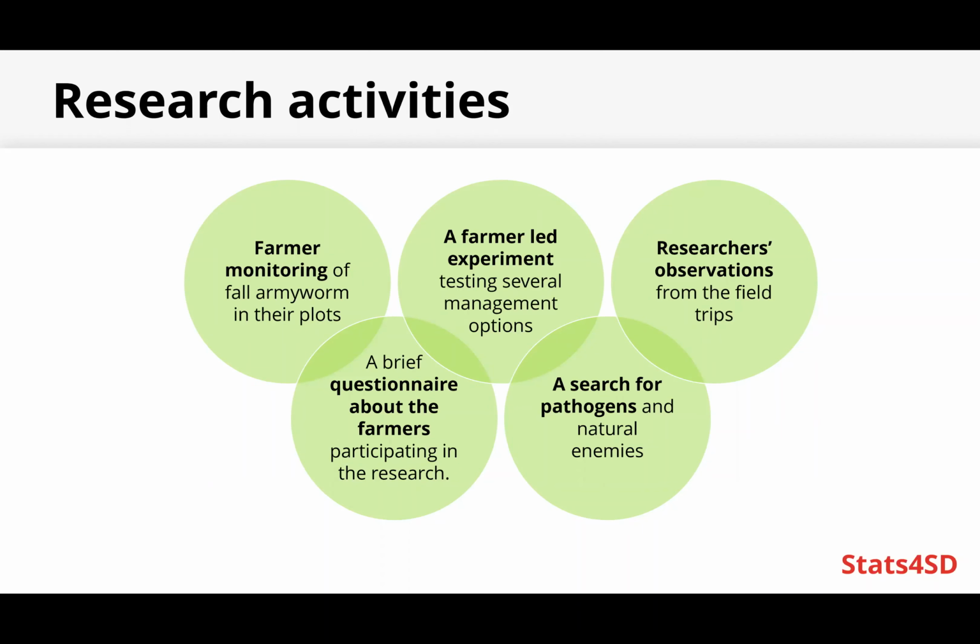They have also had a brief questionnaire about farmers that are participating in the research. These are farmer experimenters. And they have a joint process of searching for pathogens and natural enemies of fall armyworm. So these are 5 of the activities that I have selected for this presentation.